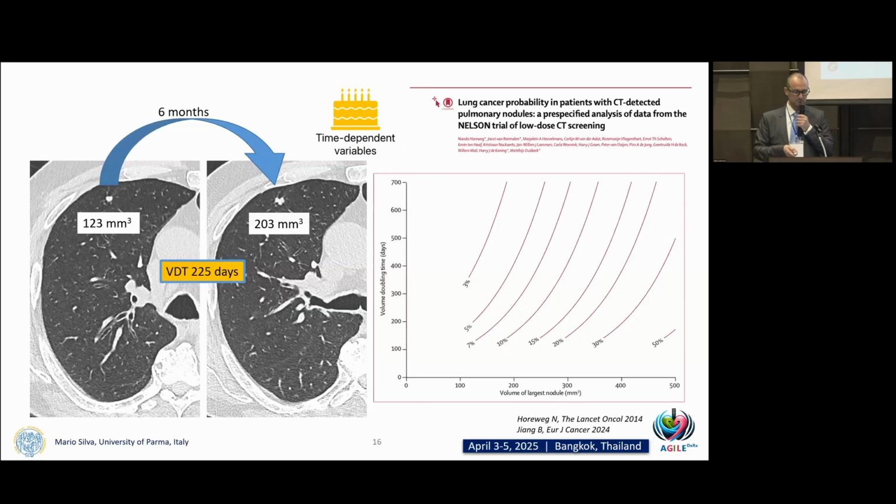So you see, you have the given volume now, 203, the given volume doubling time, 225 days. The risk of that nodule being a cancer is 10%, extremely high.